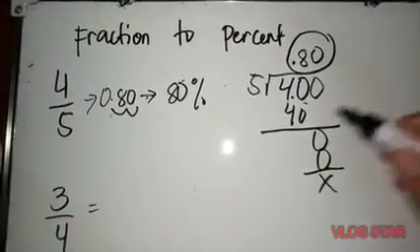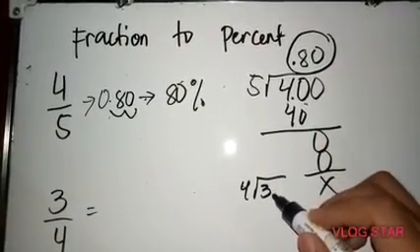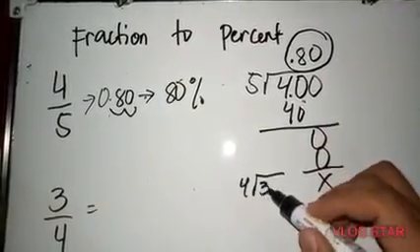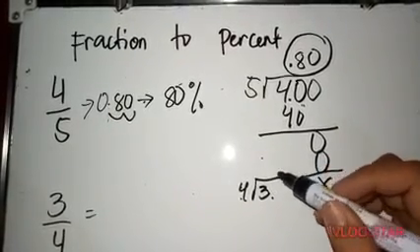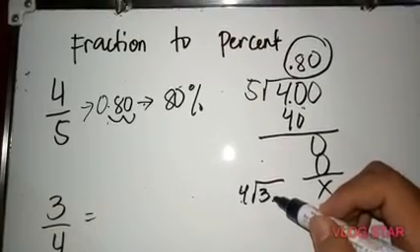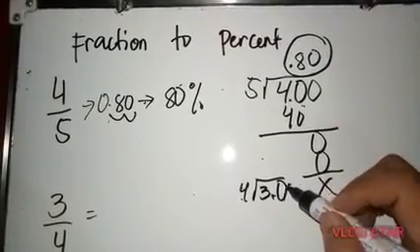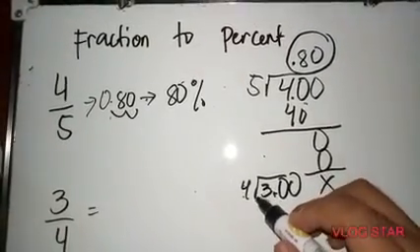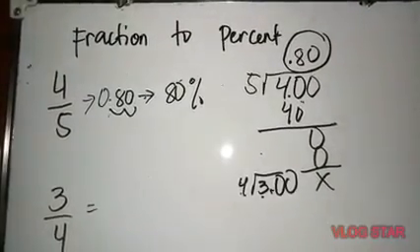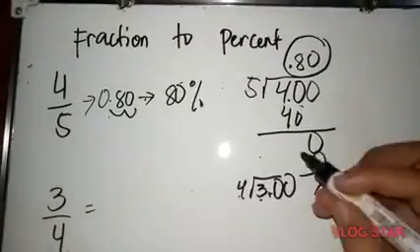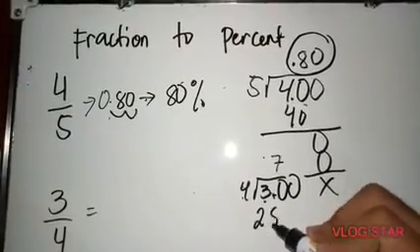Next is 3/4. So 3 divided by 4 cannot be, that's why we need to add zeros. So let's just add 2 zeros. Then 30 divided by 4, the answer is 7. Then 7 times 4 is 28.